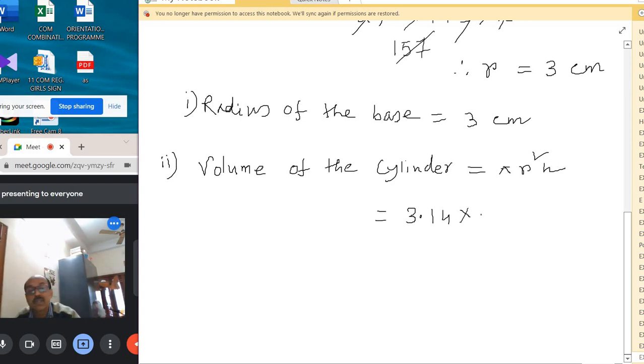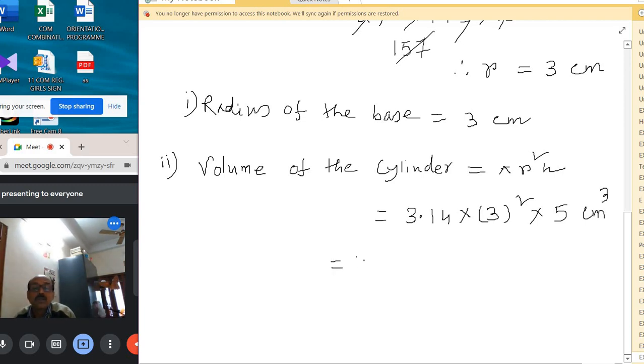Now radius is 3, so 3 square into h, height 5. What is the unit? Centimeter cube. Volume, centimeter into centimeter into centimeter.